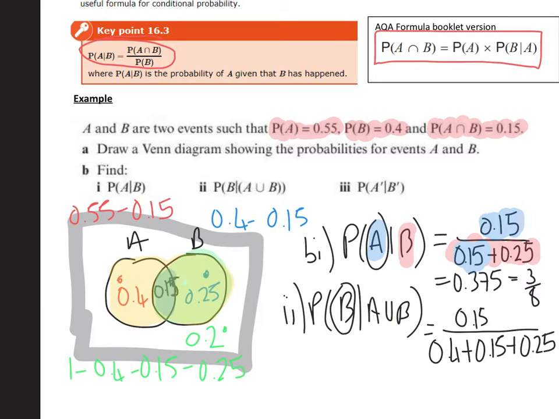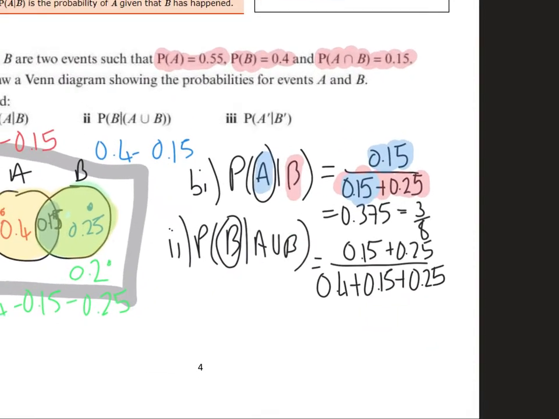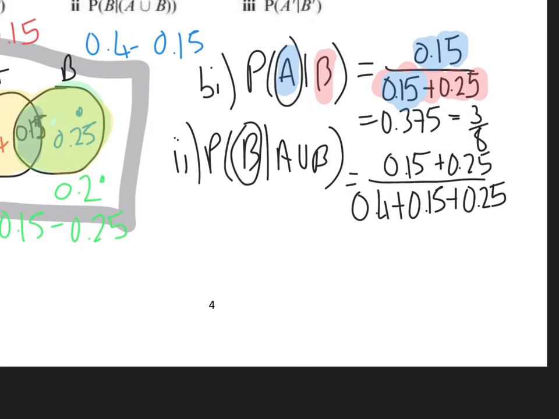And it's the 0.15 and it's the 0.25. So I'm going to type that in my calculator. And I get 0.5, or again as a fraction, that's a half.